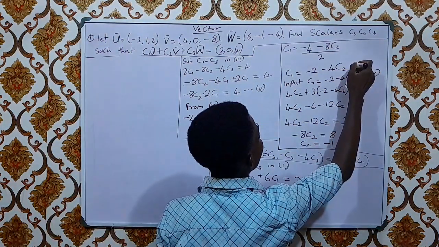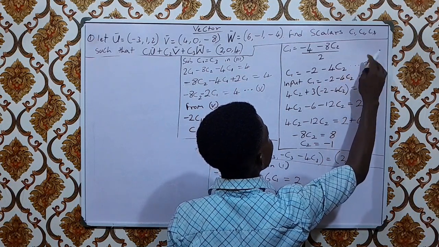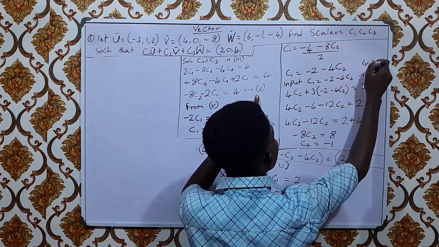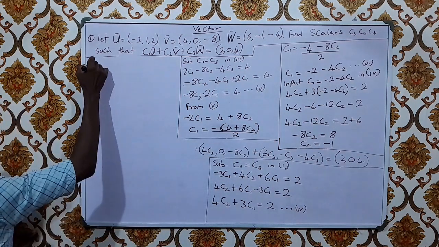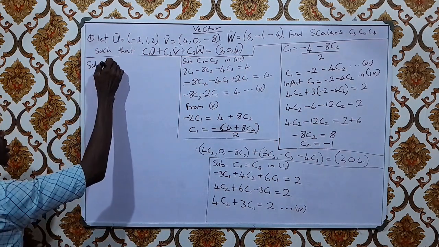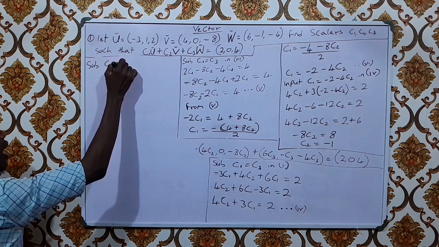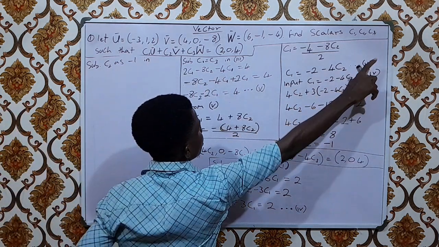We should call here equation. We have 5 here, so let's call it 6. So we now say substitute C2 as -1 into equation 6.